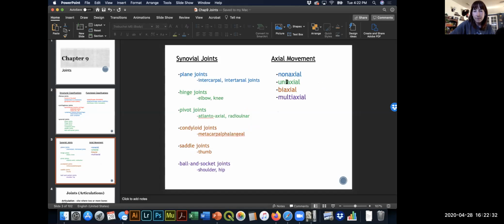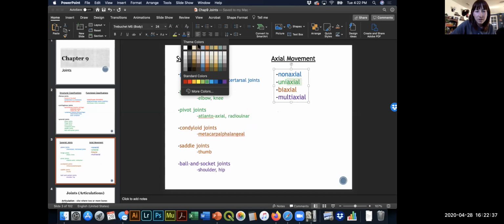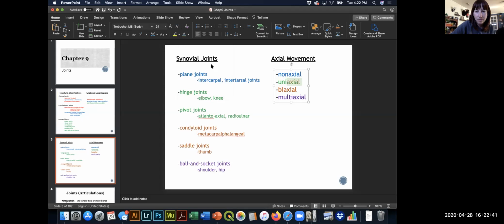Okay, let me change this color so it doesn't look like the diarthrotic one. Let's make it this hideous brown color, if you think. Yes. Okay. How do we feel about that?